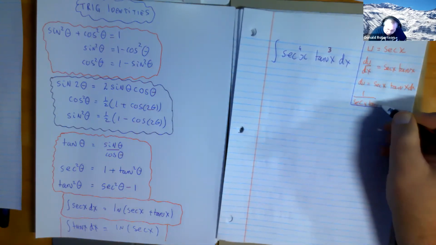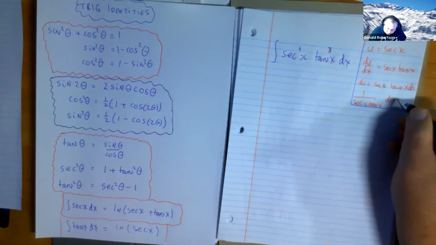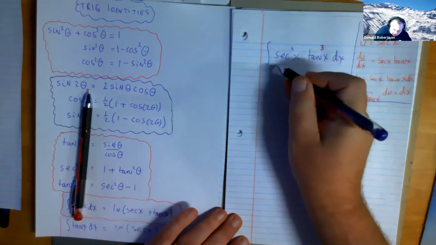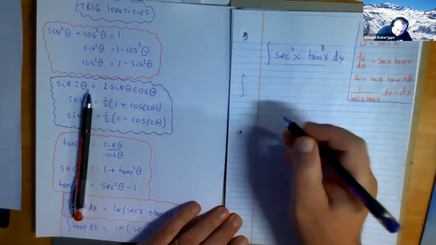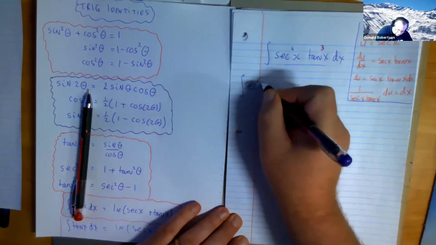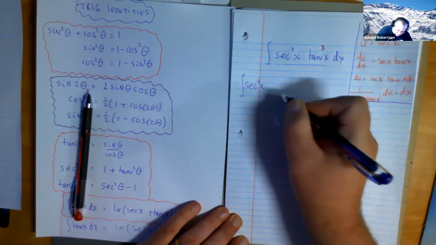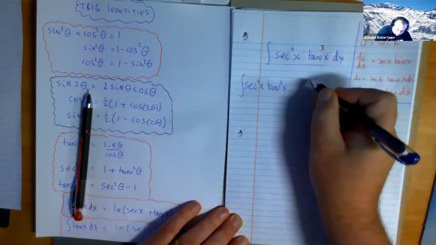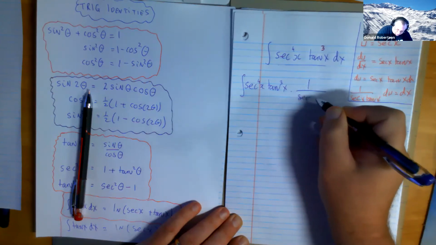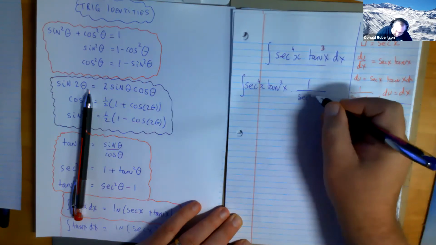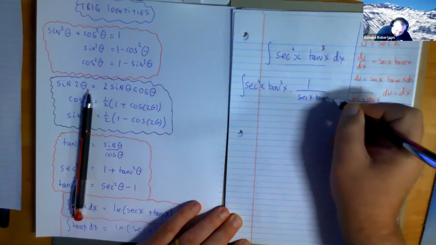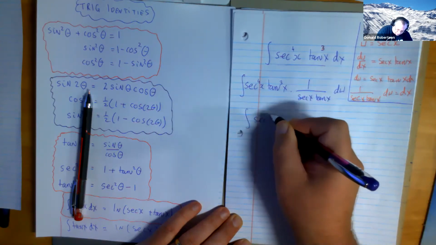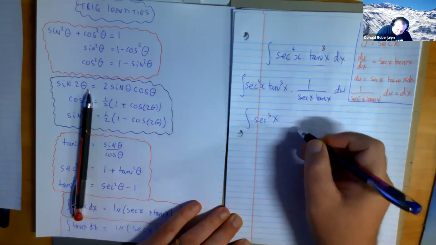So let's see how this works out. I'll leave these guys alone for a few moments. So I get this guy. I still have this guy. This fella becomes 1 over secant tangent du. I'll cancel the secant.